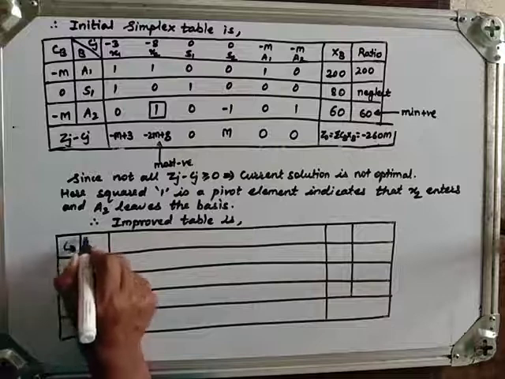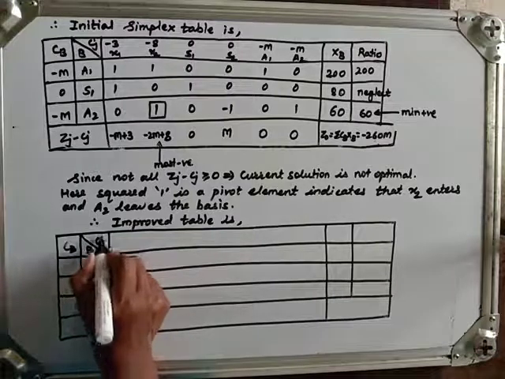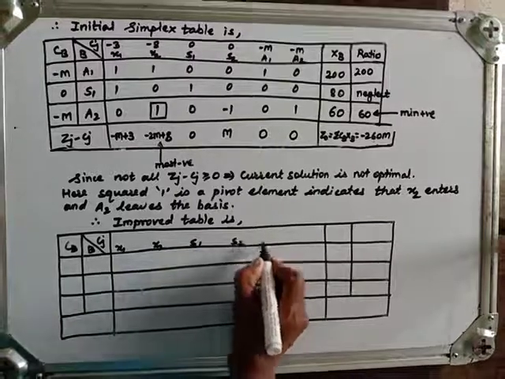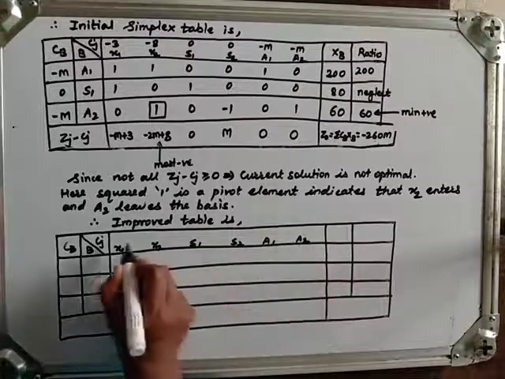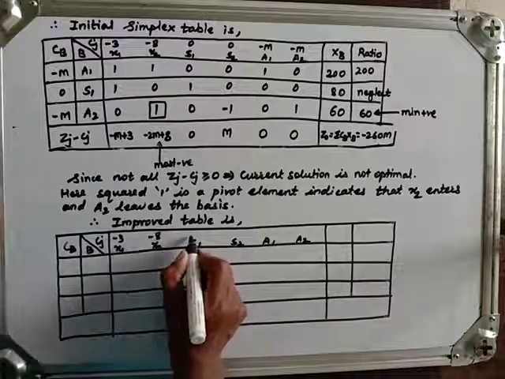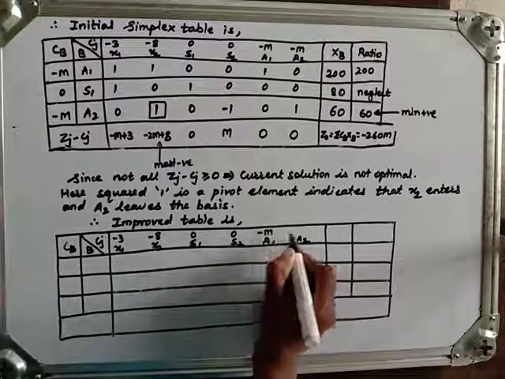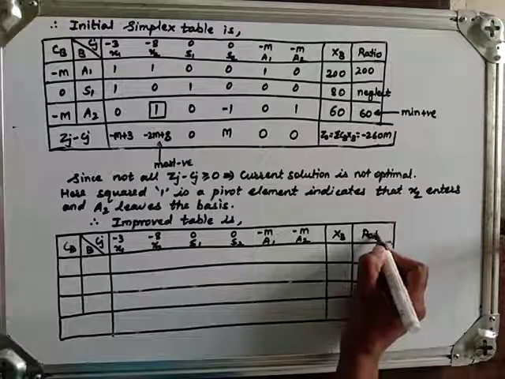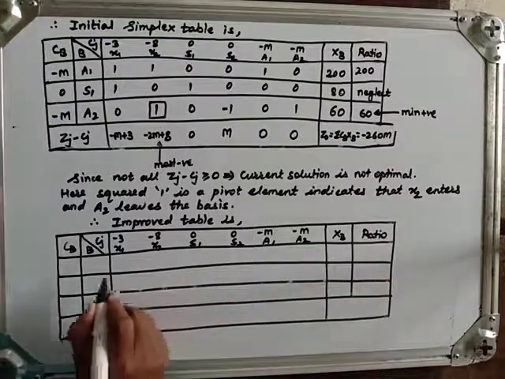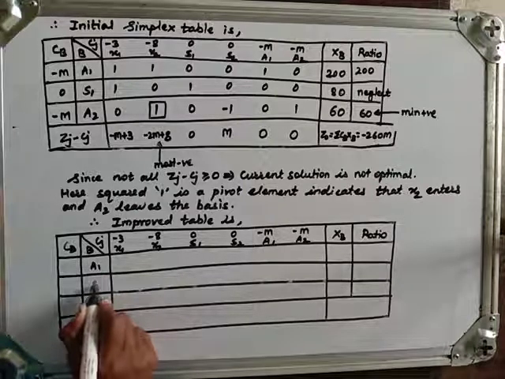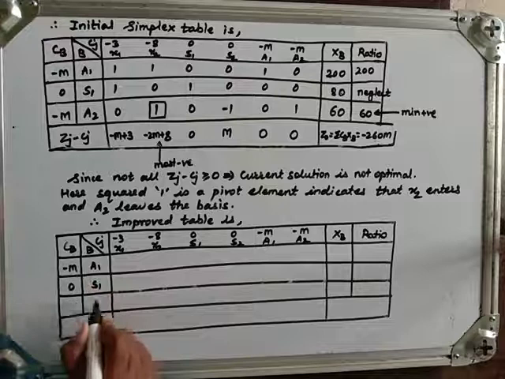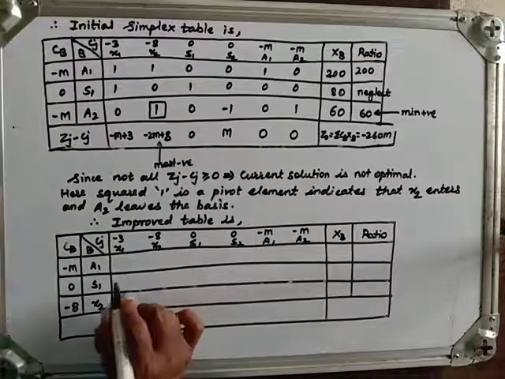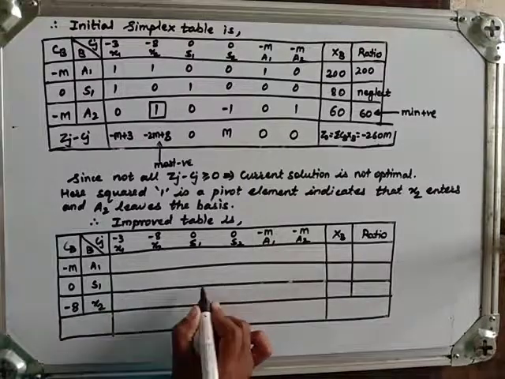CB, again B, CJ, all these things are same. S1, S2, A1, A2, so -3, -8, 0, 0, -m, XB and ratio. So here A1 will remain same, S1 will remain same, but A2 is replaced by X2 having the coefficient -8.